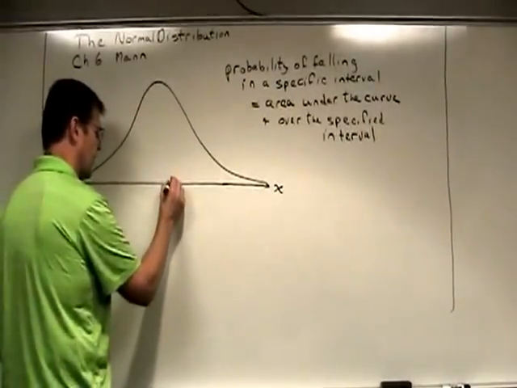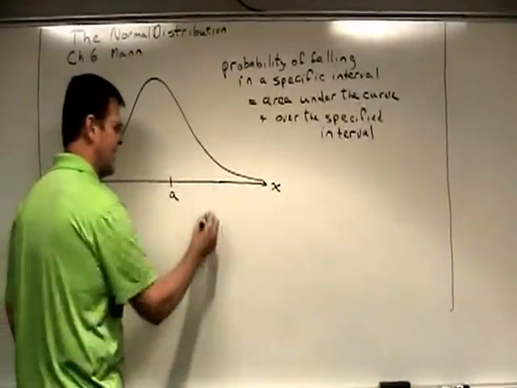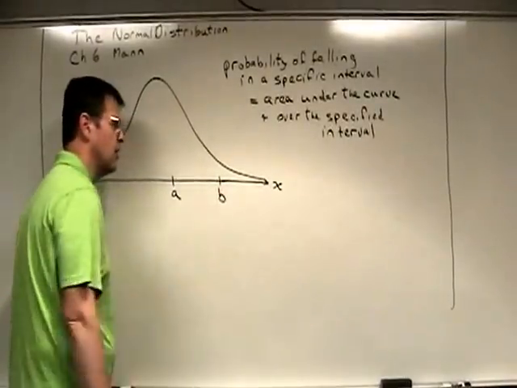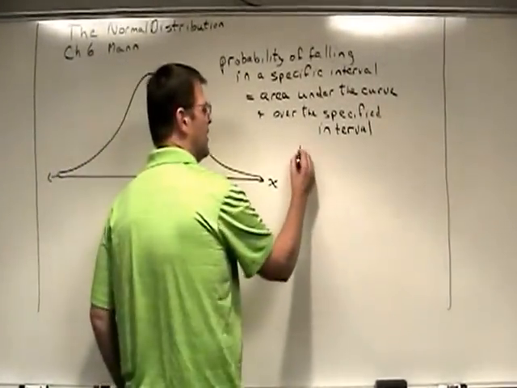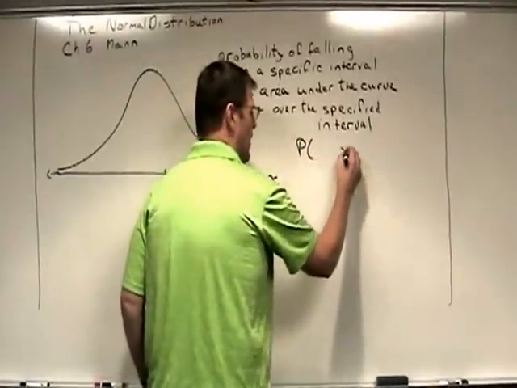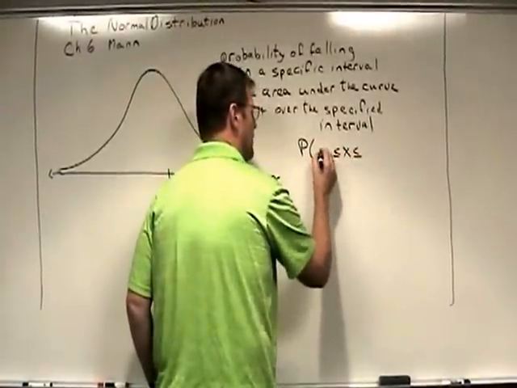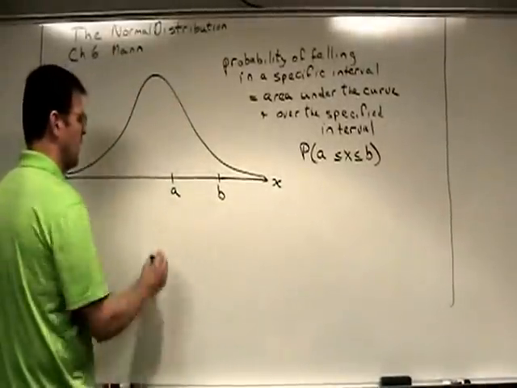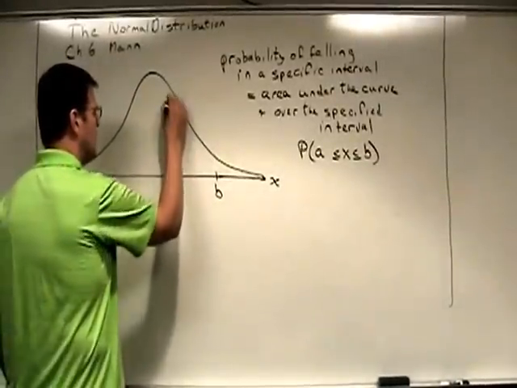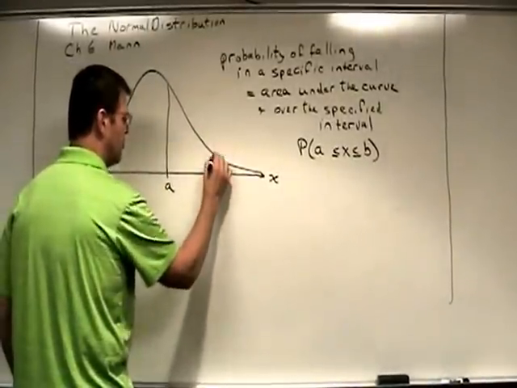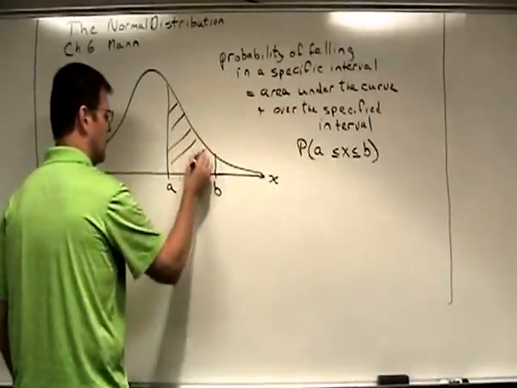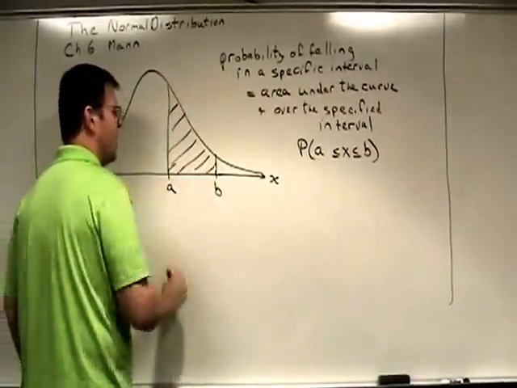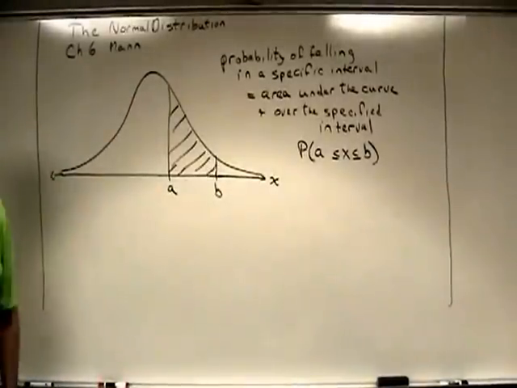So let's say that we have a point A here and a point B here, and we're interested in the probability that x is between A and B. Then this probability corresponds to that area right there.